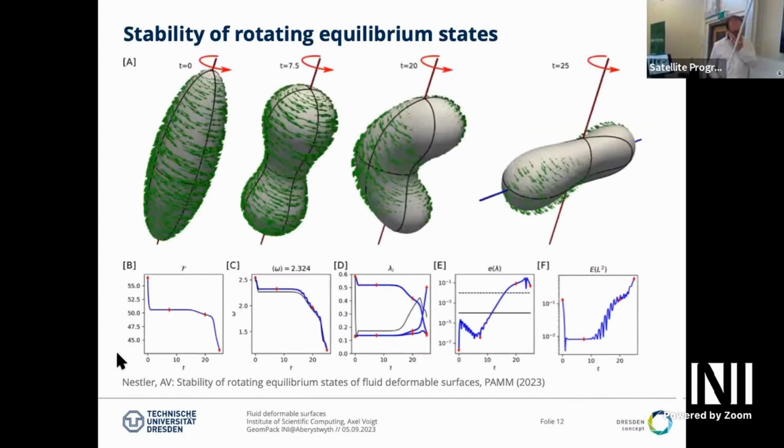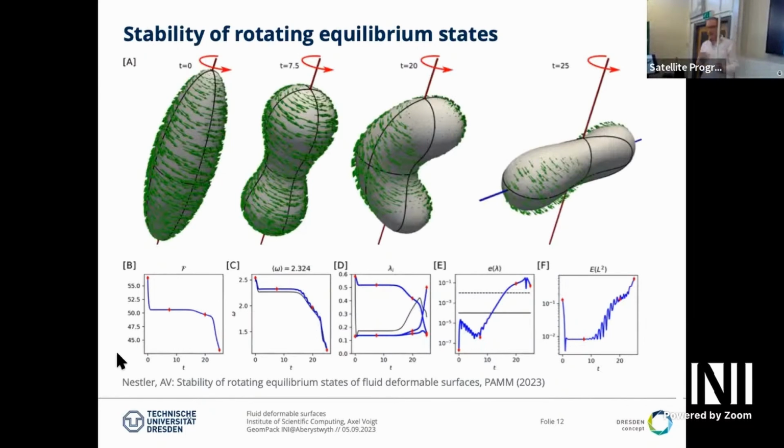Good. Now we could ask a question about this. I started with this sphere. We let it warp, and then it went to some ellipsoidal shape with a persistent rotational state, right? And the question is, are these states stable?